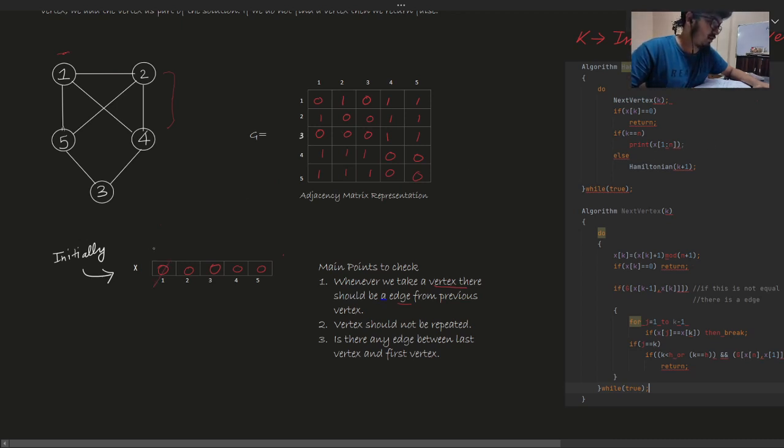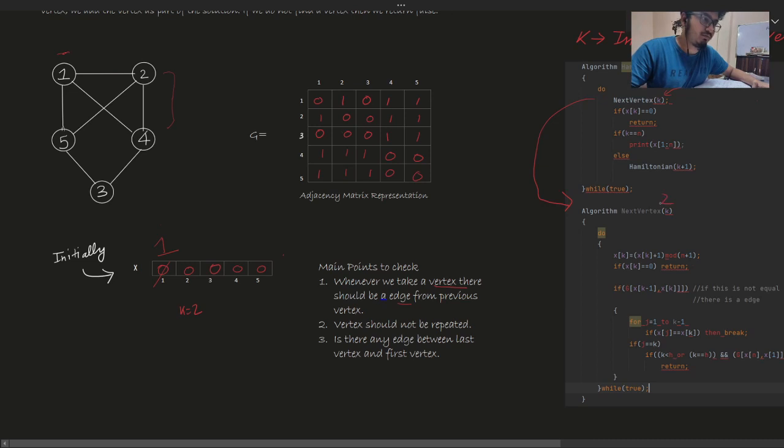We make x1 equal to 1 initially, the first vertex. Now k is equal to 2, meaning the second index. Hamiltonian k, do next vertex. We put here 2. Let the flow go to here.